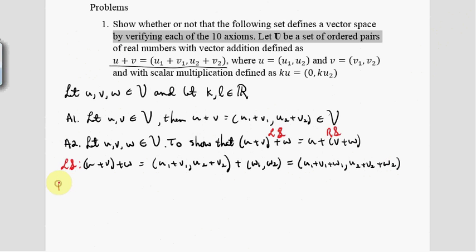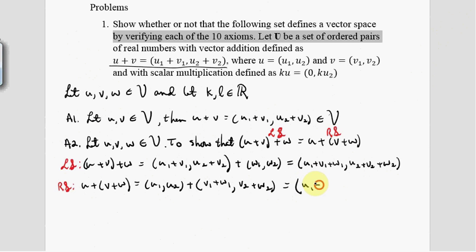What about the right side? So this is u plus, now parentheses, v plus w. So u is u sub 1, comma, u sub 2, plus v plus w is v sub 1 plus w sub 1, comma, v sub 2 plus w sub 2. Now we add them all together and we get equality.